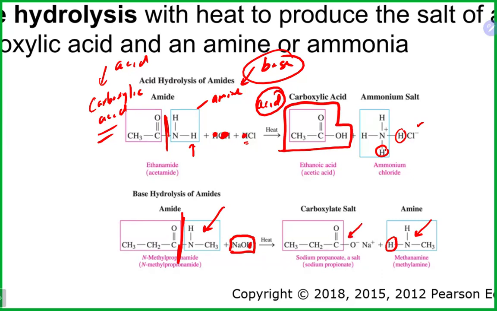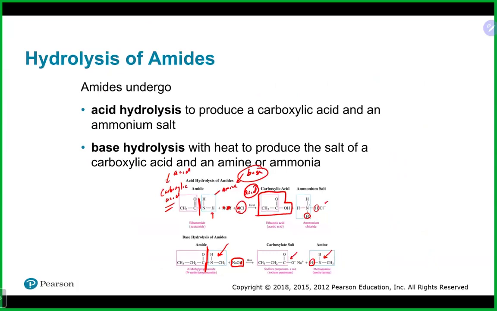Again, we're not going to get our completed carboxylic acid back because we actually need acid to be added to it to do that part. So these are two little reactions that amides undergo, and that's a good way to remember what you get. If you do the acid hydrolysis, you get your acid back. With base, you will get the amine back, which is essentially a base.